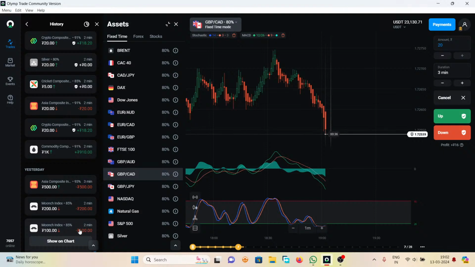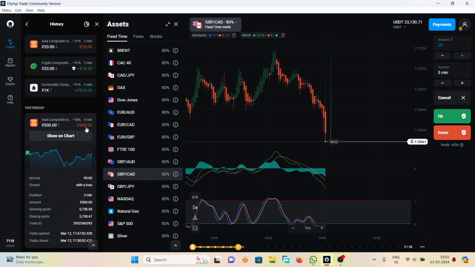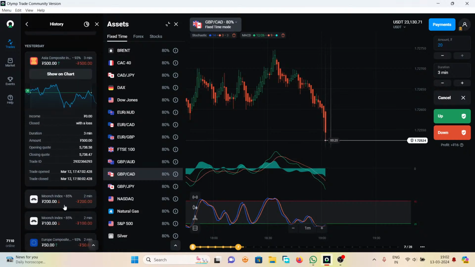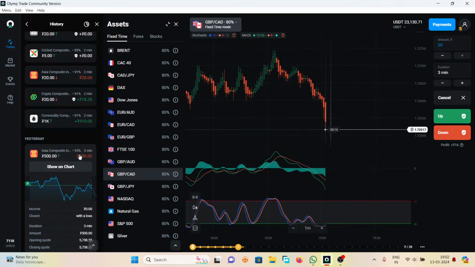So open the trade with, just for example, $100. I opened the trade with 100 USDT. It was unsuccessful. Then I again opened the second trade with 200 USDT. That is also unsuccessful. Then I opened the trade with 500 USDT. However, with the 200 you can go with 400, not with 500. That is also unsuccessful.